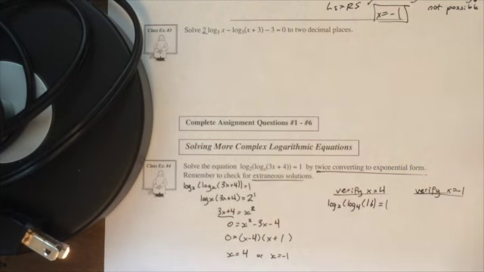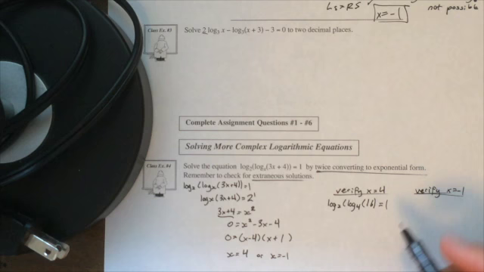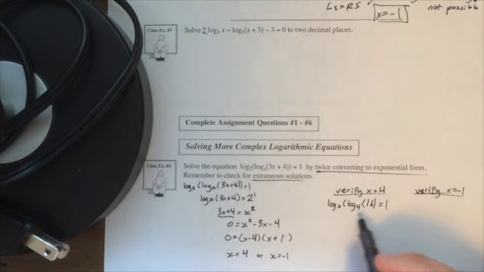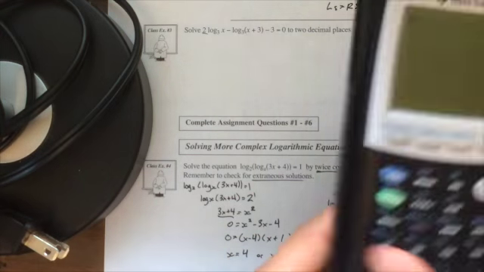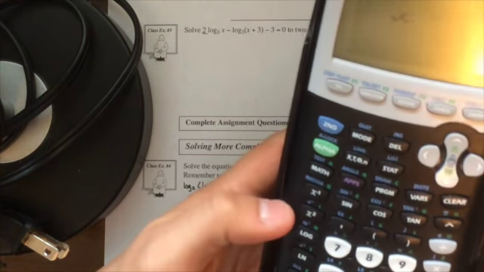Well, actually, a better way to go about this is to break it down a little bit, right? Like if I have log base 4 of 16, we'll just solve the inside first.